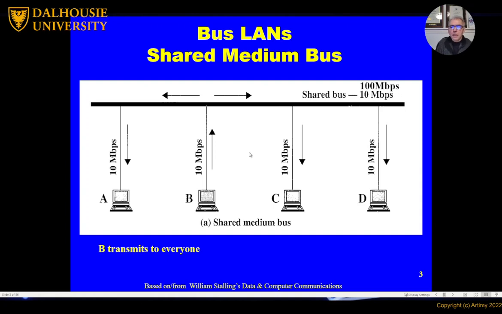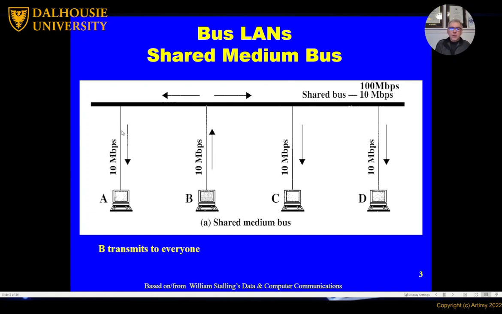So in this topology, we don't have a multiplexer that divides the time or the frequency among these nodes. Instead, what happens is any node can send traffic to any other node by putting the frame on the bus, right?